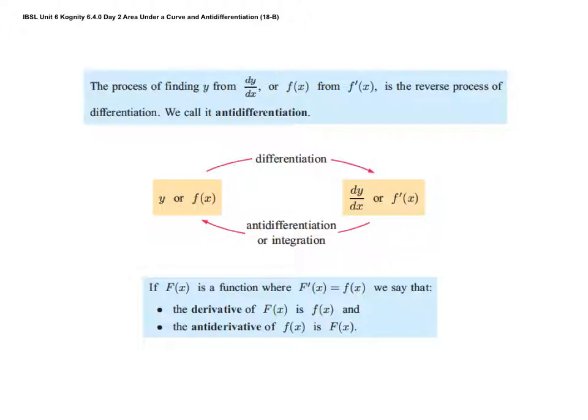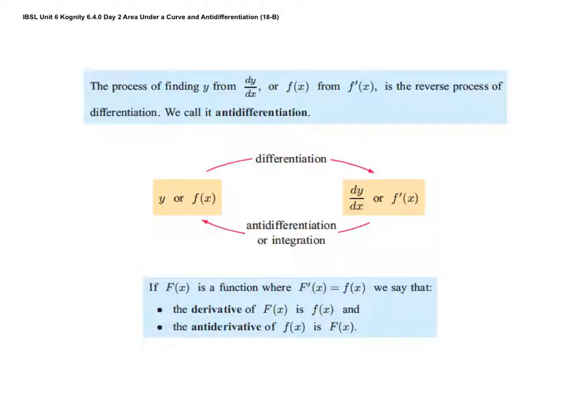It's anti-differentiation. So, if you're starting with the function, you're finding the derivative, that's differentiation. If you're starting with this and you're trying to find what the original function was, that's anti-differentiation or integration. And a common way that we denote this, because usually they don't say here's f prime, they'll just say here's f, and then you've got to take the integral of that. We use a capital F. Capital F is a function where its derivative equals the function f of x.